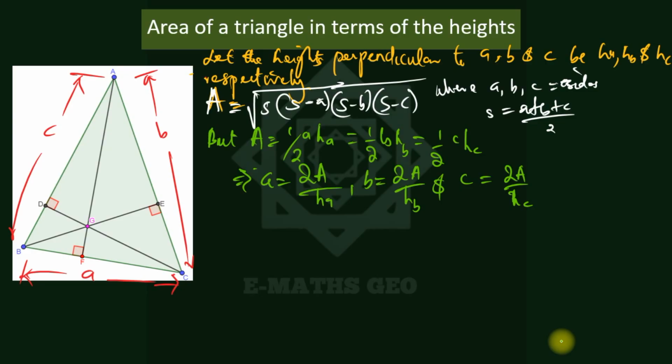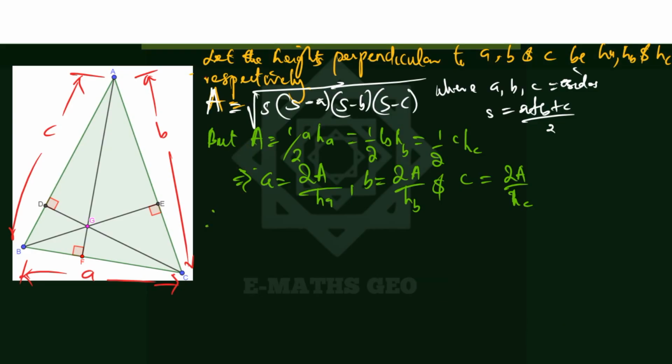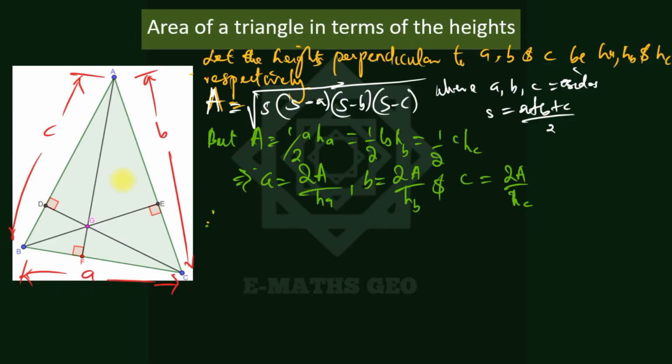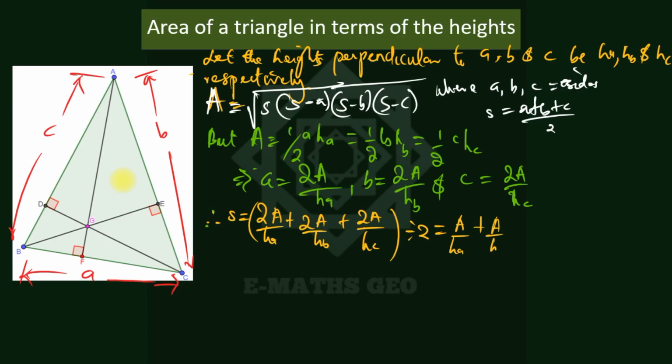Therefore the semi-perimeter in terms of the area and the height is (2A/HA + 2A/HB + 2A/HC) divided by 2, that's times half. If we divide, what is common is 2, so we have A/HA + A/HB + A/HC.